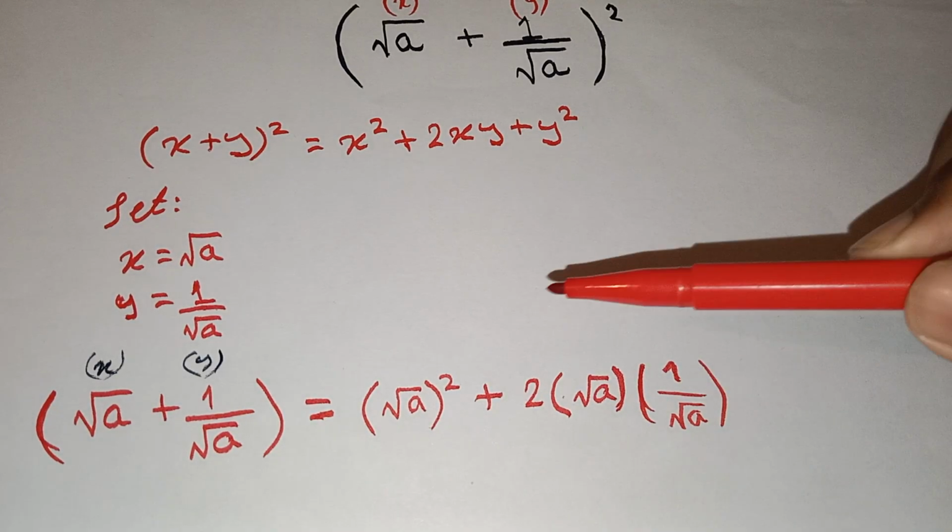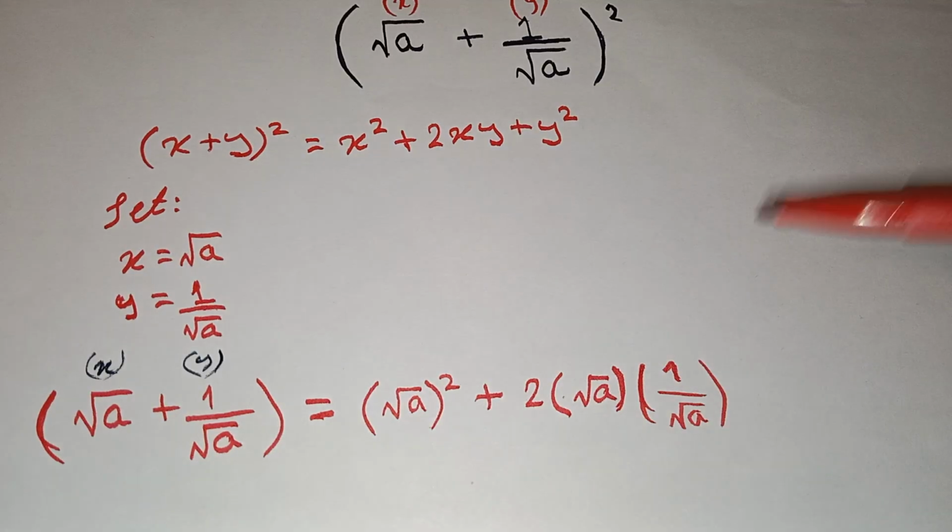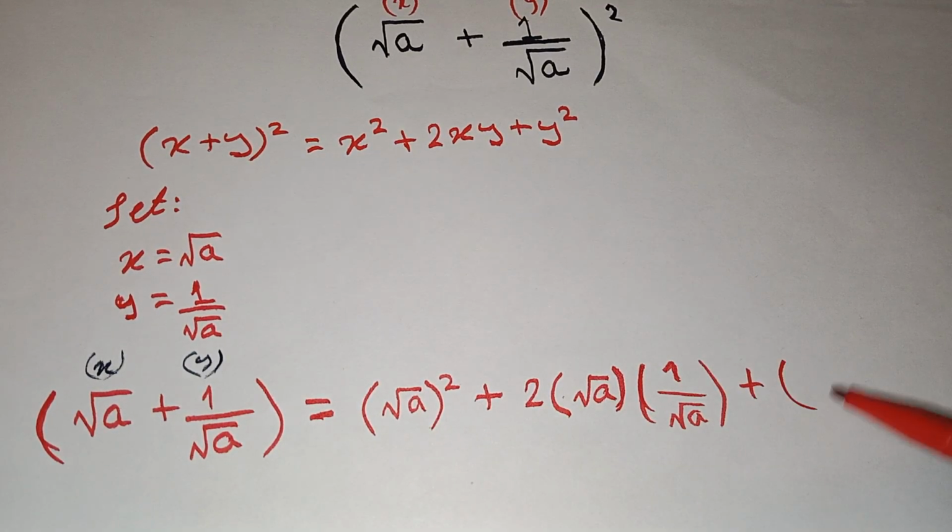Now we have done x square plus 2xy plus y square, where y square is (1 over square root of a) whole square.